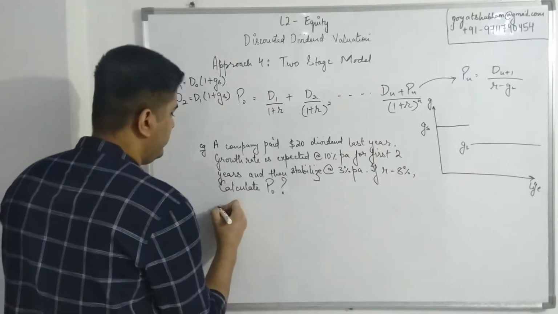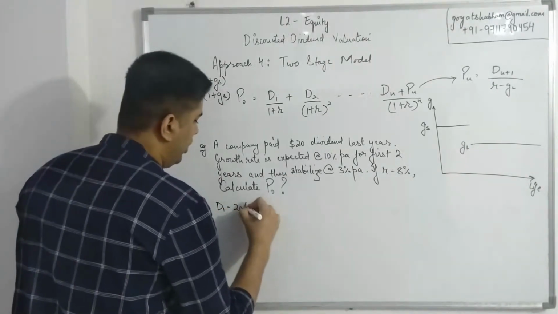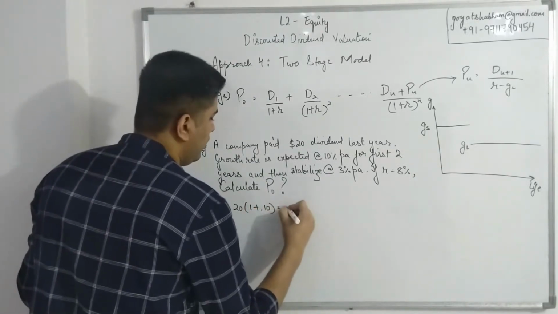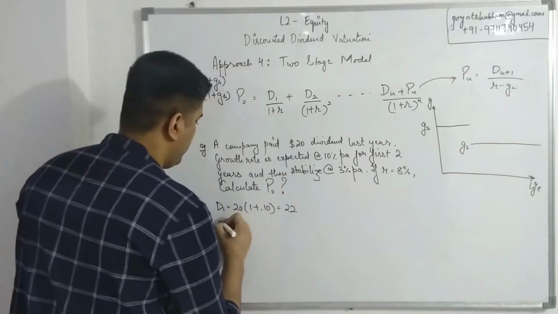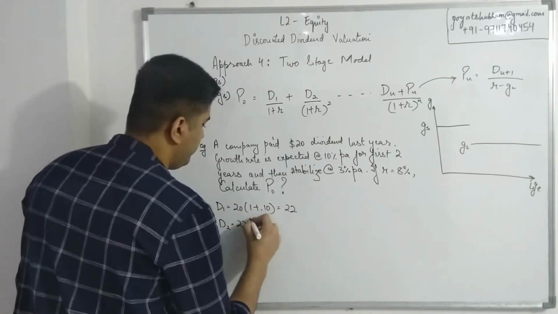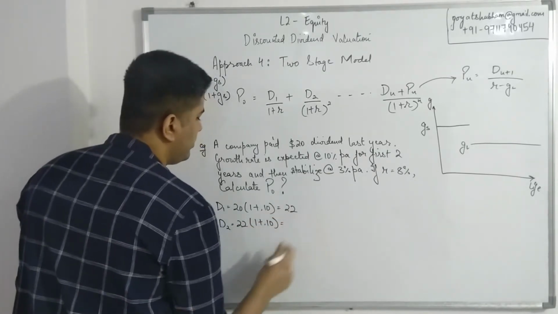So firstly we need D1. D1 is D0 into 1 plus growth rate. Then we have D2 as D1, 1 plus growth rate. Second year also the growth rate is 10%, so we'll use that.